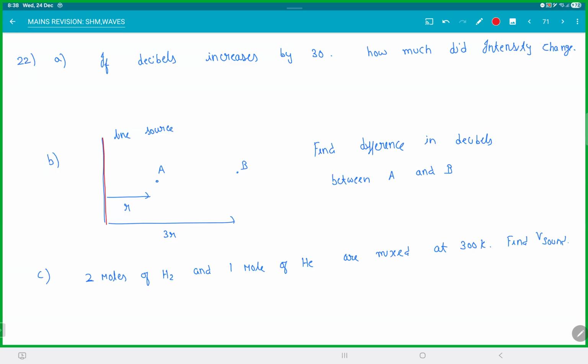I hope you remember the formula for decibels. In case you forgot, the decibels beta is given by 10 log I by I naught. I is the intensity.